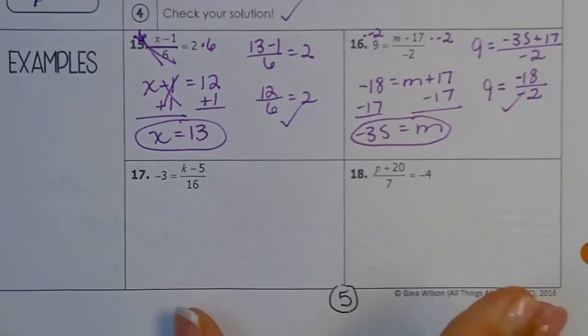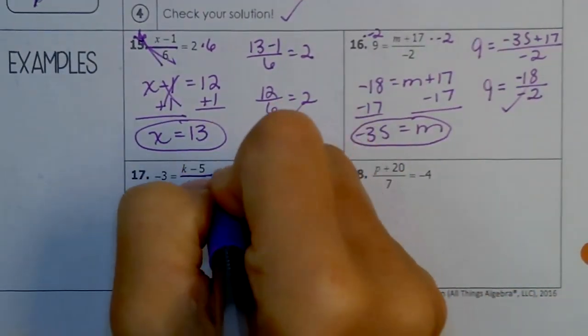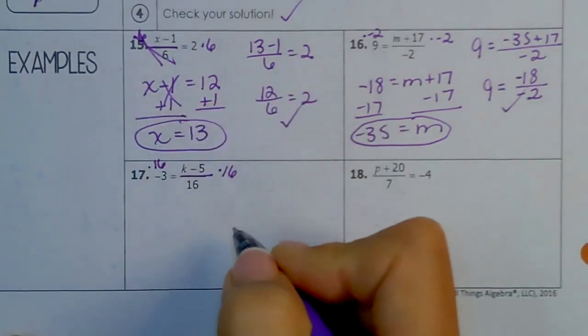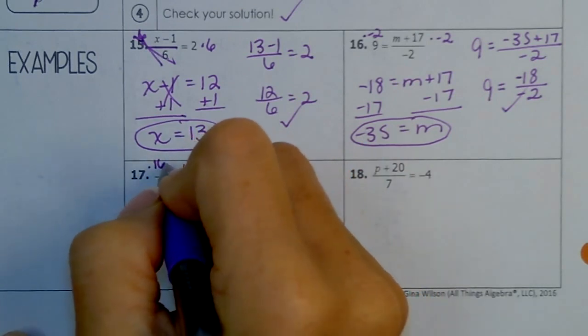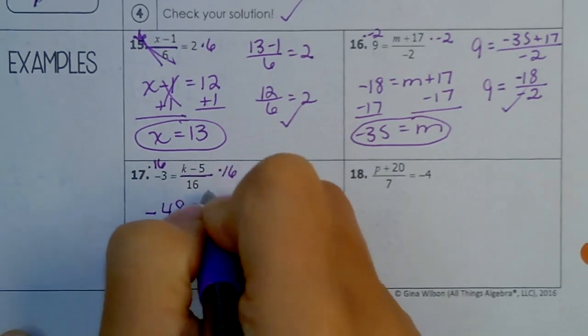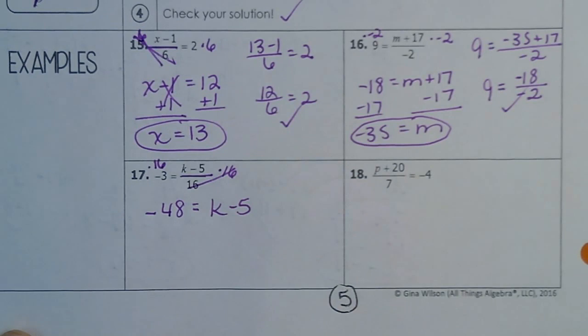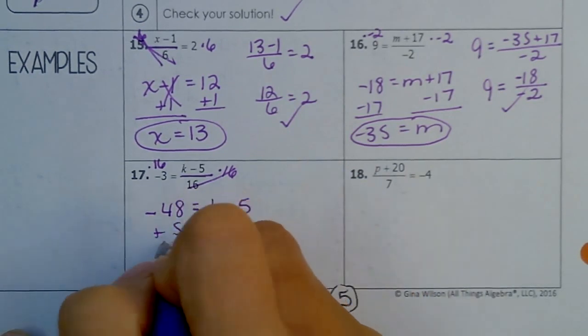All right, number 17. Instead of divide by 16, I'm going to multiply. So I need to do both sides. 16 times -3 is -48. These cancel out. Let's add 5 to both sides.